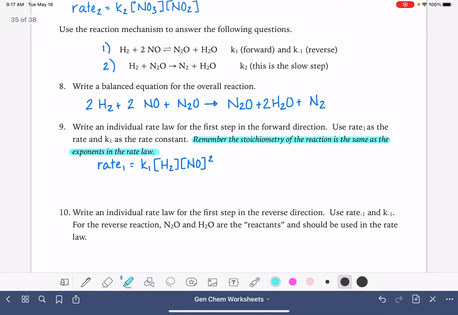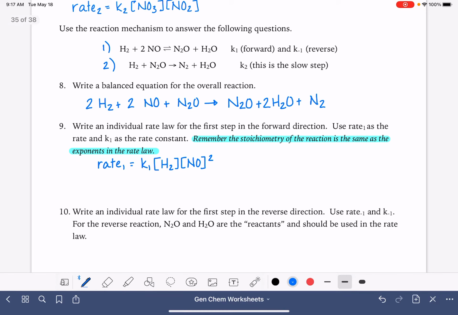Now we're going to do the same thing, write another rate law for the first step in the reverse direction. Because this is in equilibrium, it can also go in the reverse direction. Because this is still step 1, we're still going to call this sub 1, but to indicate that it's moving backwards, we're going to say -1. So rate sub -1 means that it's step 1 going in the reverse direction. And then that means our rate constant, we're going to call that sub -1.